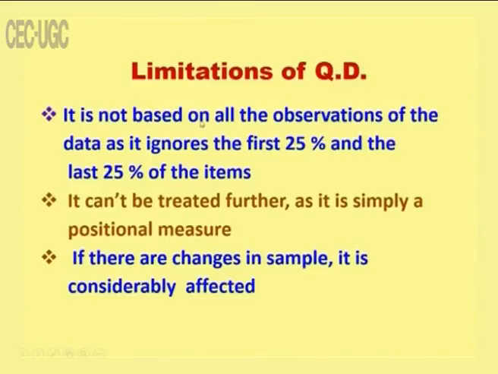It has some limitations also. It is not based on all the observations of the data, as it ignores the first 25% and the last 25% of the items. It cannot be treated further, as it is simply a positional measure, and if there are changes in the sample, it is considerably affected. So, these are some limitations.